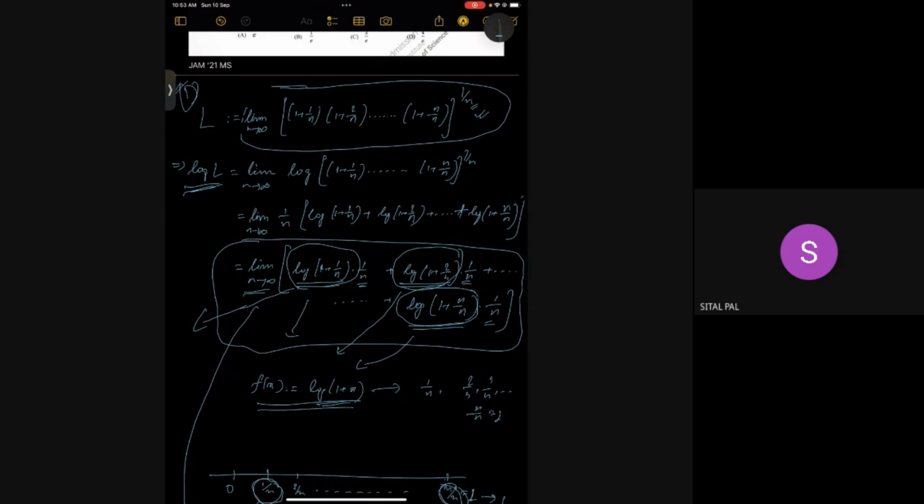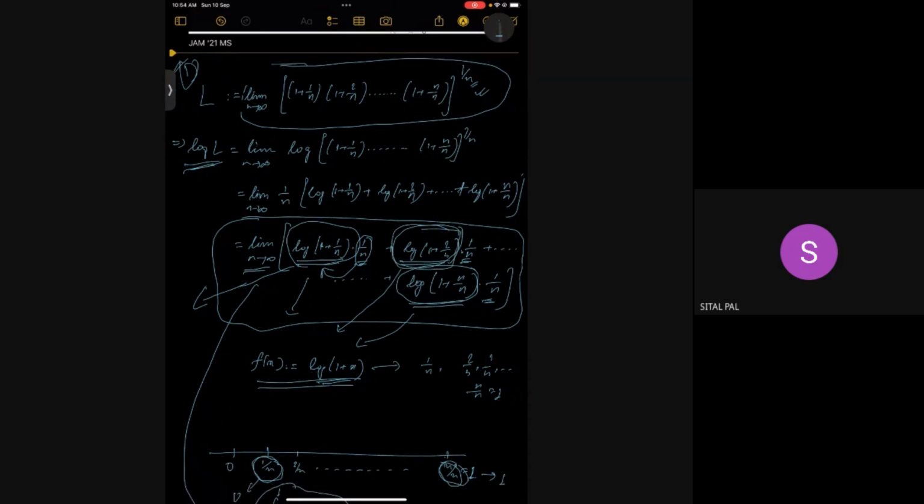It's not actually multiplied to the domain; it's just a factor multiplying the logarithmic function. You are multiplying 1 by n to the log of 1 plus 1 by n. So log of 1 plus 1 upon n is a whole, and it is multiplied by 1 by n.